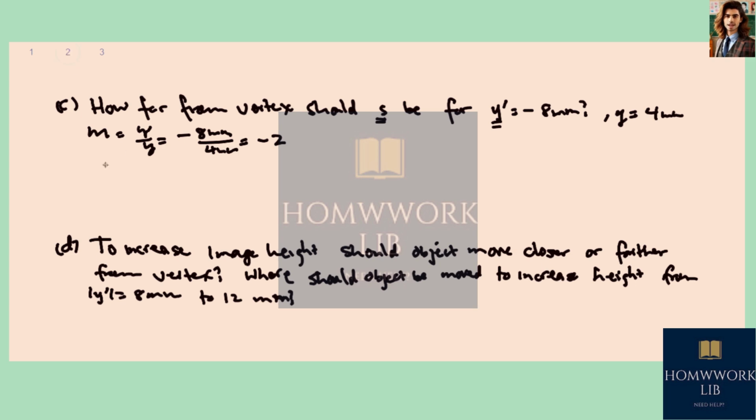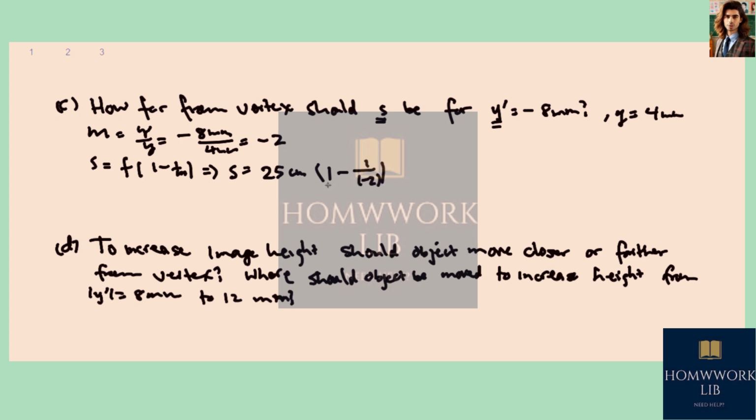Let's write down the formula. s is f times 1 minus 1 over m. We found f in part B, and we just found m earlier in this portion, so we have 25 centimeters, and then that's 1 minus 1 over minus 2.